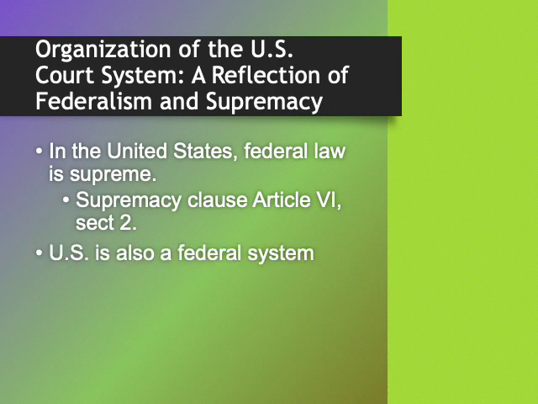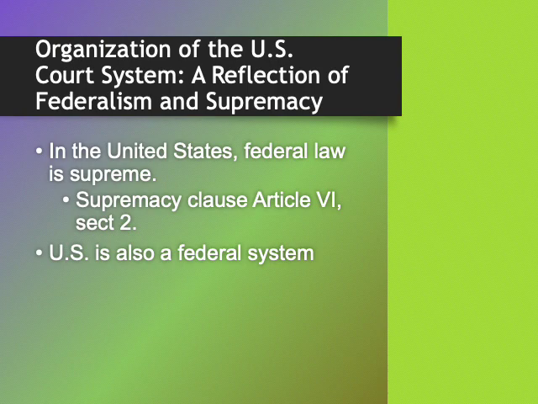and that's reflected in the way our court system is organized. Another thing to keep in mind is that the United States is what's known as a federal system. Our Constitution creates a system of federalism. Federalism is basically a power-sharing relationship between the states and the federal government. The federal government is authorized to exercise certain powers, and the states are prohibited from engaging in certain activities.